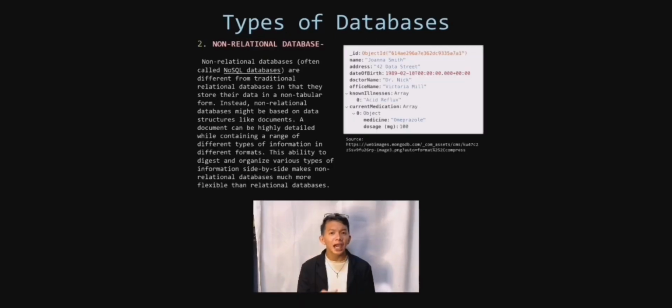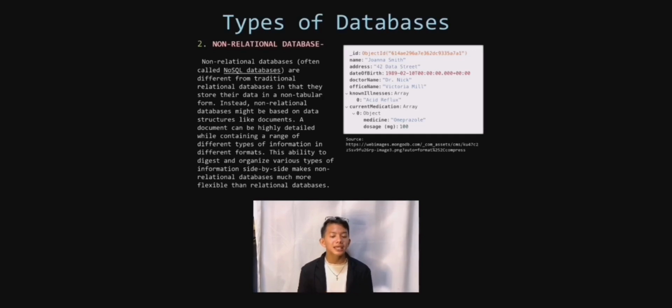The second type is the non-relational database. Non-relational databases, often called NoSQL databases, are different from traditional relational databases in that they store their data in a non-tabular form. Instead, non-relational databases might be based on data structures like documents.